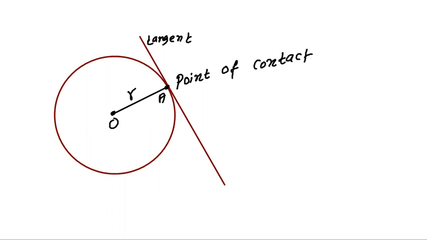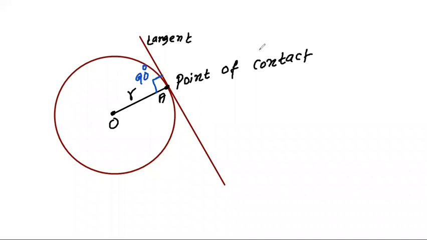You can see that here I have drawn one radius through the point of contact. Remember, the angle between a tangent and the radius through point of contact will always be equal to 90 degrees. So that concept is very important.